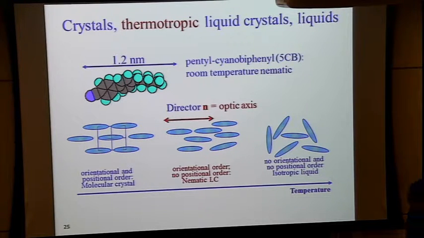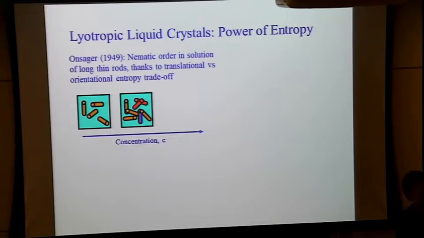There are also so-called lyotropic liquid crystals, and they are a beautiful illustration of the theoretical model that was proposed by Onsager in 1949, how two different types of entropy might compete with each other and establish something new in the condensed matter. So he was considering the following situation.